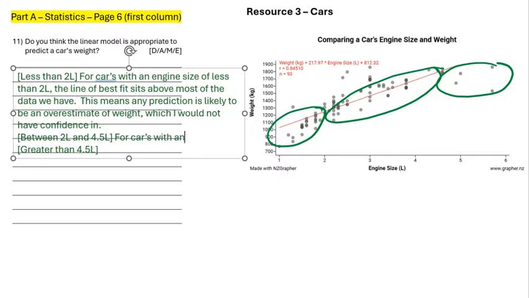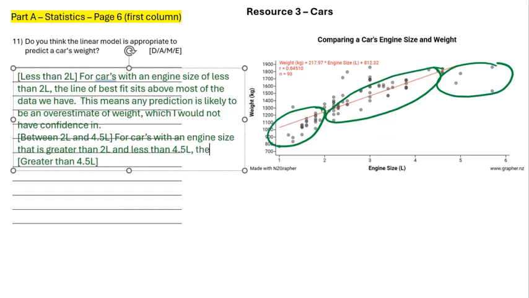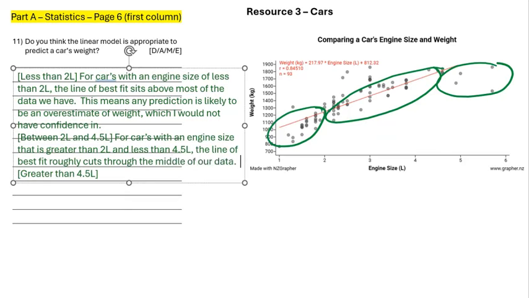For cars with an engine size that is greater than 2 liters and less than 4.5 liters, the line of best fit roughly cuts through the middle of our data.